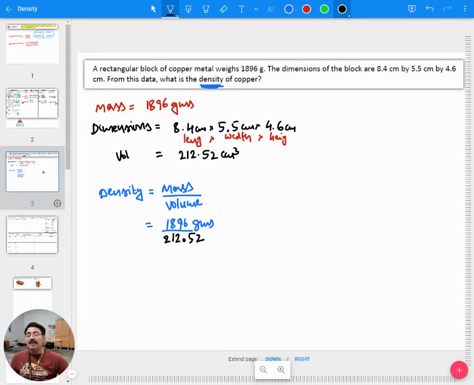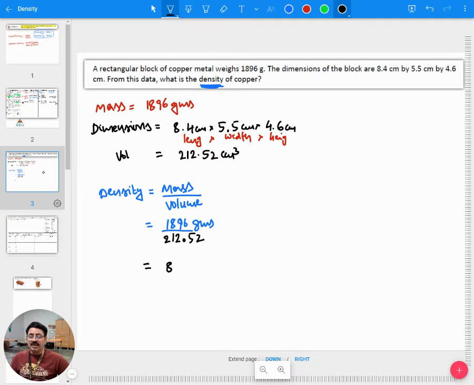That volume goes to the denominator. Again, I'm repeating, density equals mass per volume. Mass is here and volume goes to the denominator, right? Oops, my bad, so volume goes to the denominator. Now just plug in these values and use the calculator. 1,896 divided by 212.52 gives me 8.92.